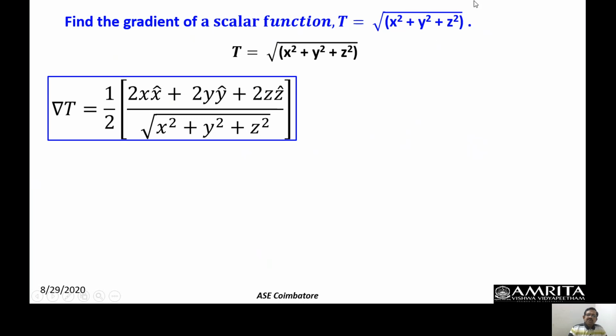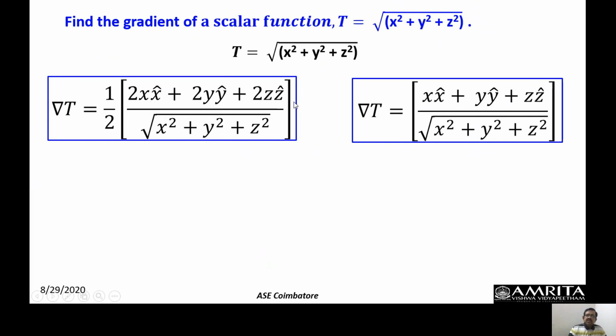It becomes minus half, that becomes 1 by square root, and then you differentiate this along the x direction, along the y direction, along the z direction. Once I differentiate, I get this expression. This 2 is common all over here. The 2 will get cancelled, leaving x hat plus y hat plus z hat like this. So this is what it leaves.